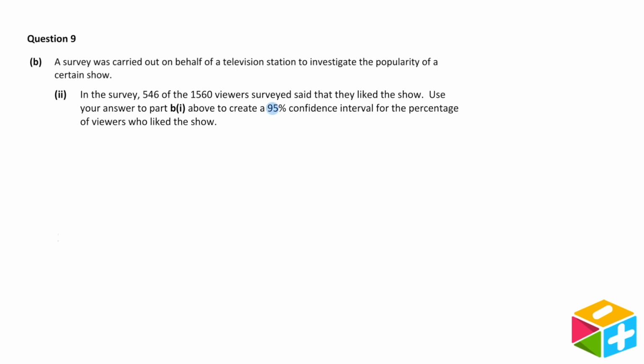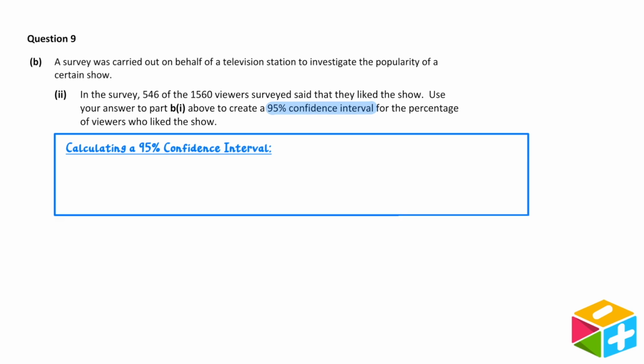This question involves calculating a 95% confidence interval. This can be broken down into a number of steps. The first step is to calculate the sample proportion and margin of error. In our survey, 546 of the 1,560 viewers said that they liked the show.